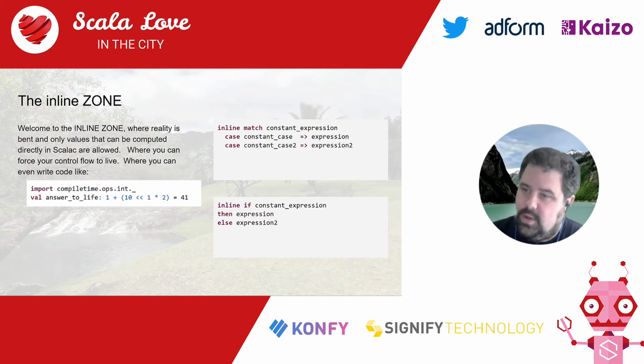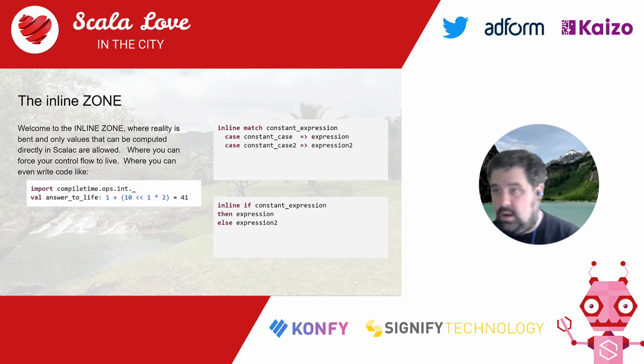For those of you who have done type gymnastics in Scala previously, you had to write this via weird implicit lookup rules, because we found out that implicit lookups could be turned into a Turing machine where you could look up different values of implicits and get different types out. So we did all sorts of mental gymnastics to get the compiler to do this stuff via the implicit lookup mechanism.